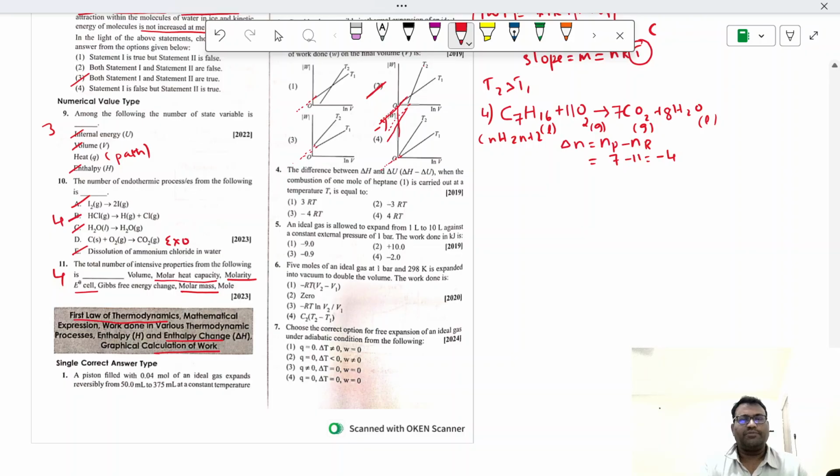We know the relation between delta H and delta U: delta H is equal to delta U plus delta n RT. The question asks for delta H minus delta U. Moving delta U to the other side, it is delta n RT, which is minus 4 RT. So here is minus 4 RT.